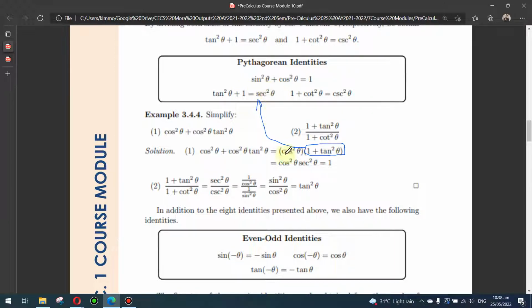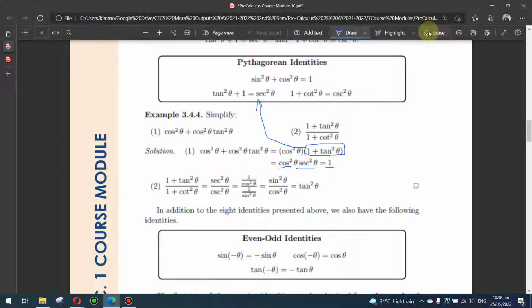So again, we have cosine squared multiplied by secant squared. Why is this equal to 1? That is by using the reciprocal identity.